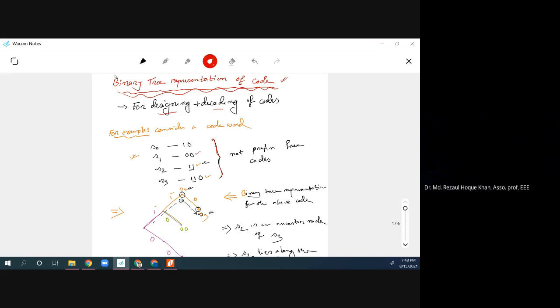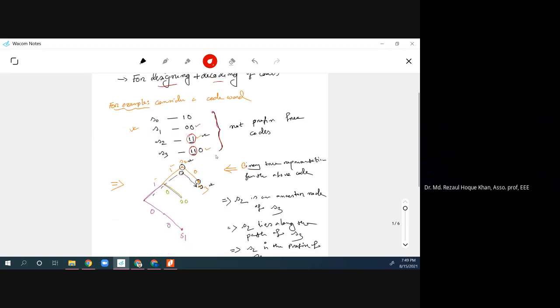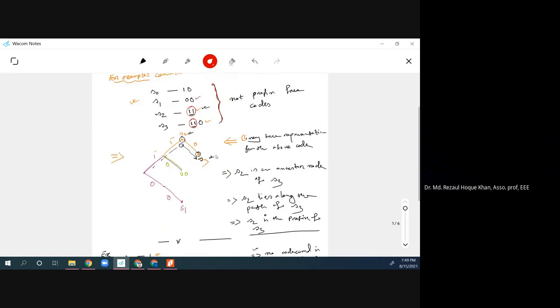For example, S2 is a prefix of S3. We can easily see it from the list, but if we convert or represent it as the equivalent binary tree, this is our equivalent binary tree.